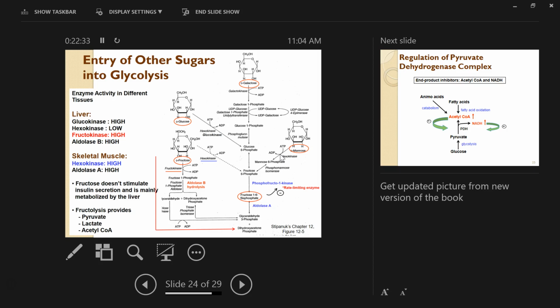And I will also mention the fructose metabolism, right? Fructose is metabolized through slightly different pathways, bypassing the 2 key reactions in the glycolysis of glucose. So that's the reason why when we eat a lot of fructose it causes problems, right?